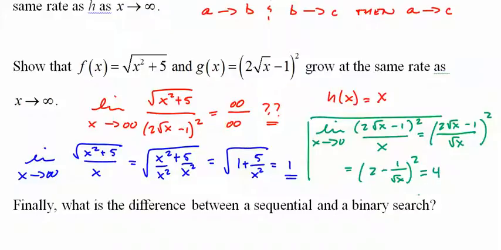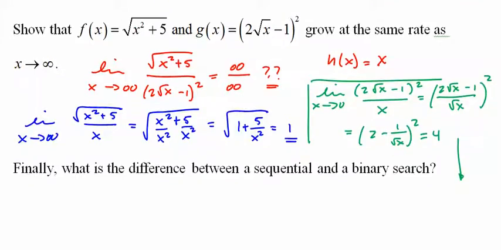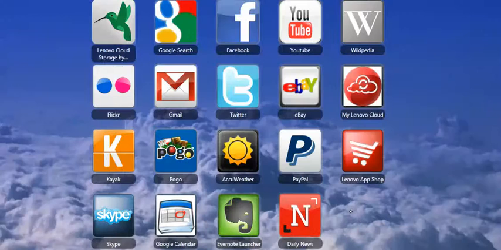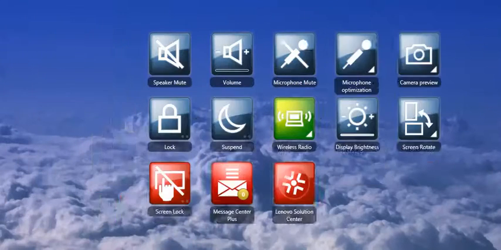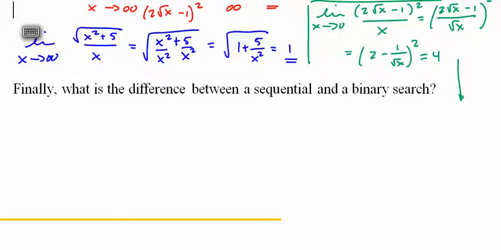So now I can say the limit of f to g, I'll throw it down here. Hello, hello, what in the world just happened? Sorry, I had a little glitch there.